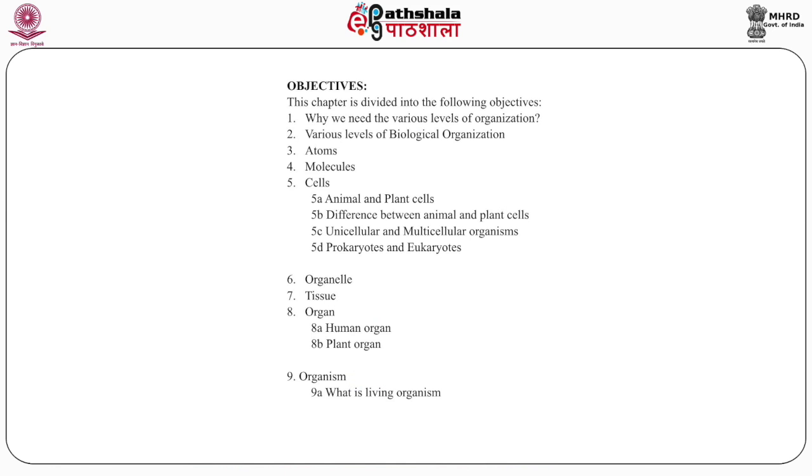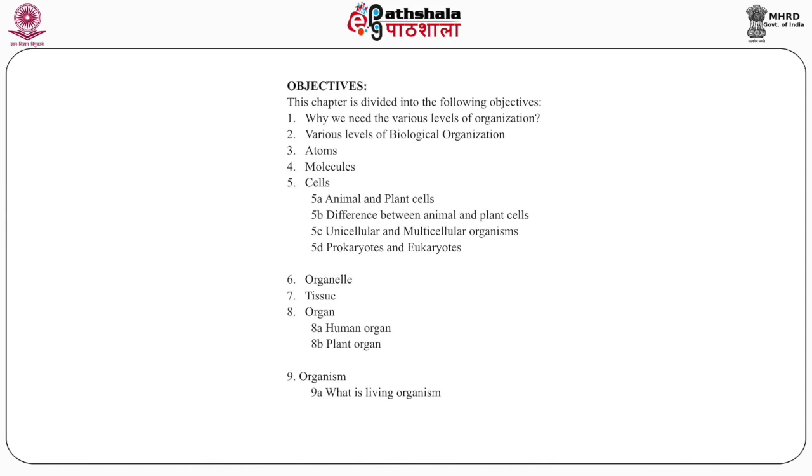This module consists of the following objectives. First, we need to understand why we need the various levels of organization, and then what are the various levels of biological organization. To elaborate, we will be talking about the various levels like atoms, molecules, cells.